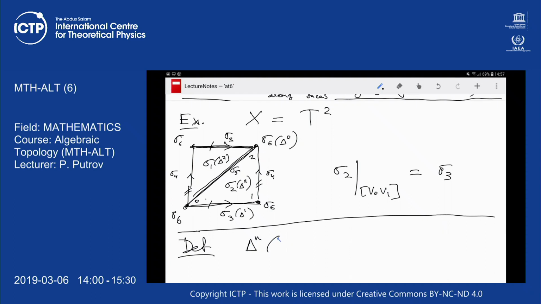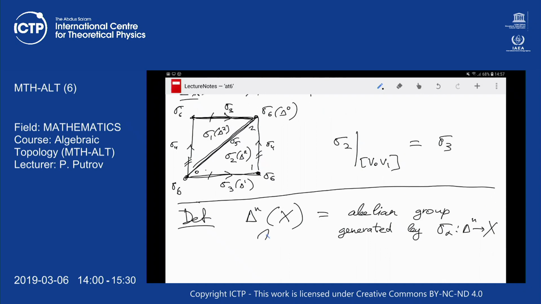So let me denote by delta n of X, where X is a topological space with delta complex structure defined as before, the abelian group generated by all maps sigma alpha.